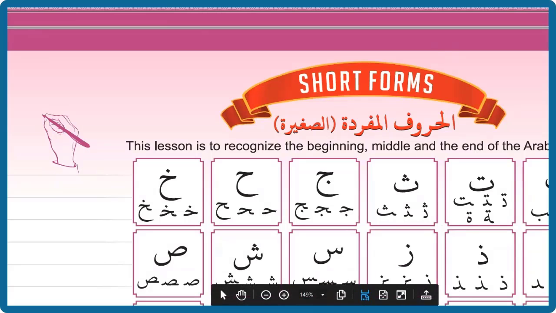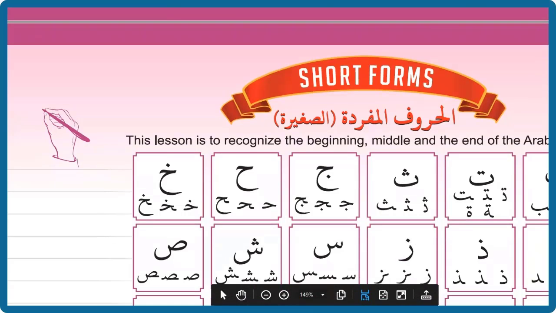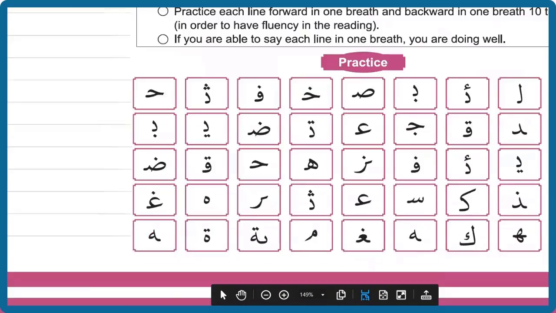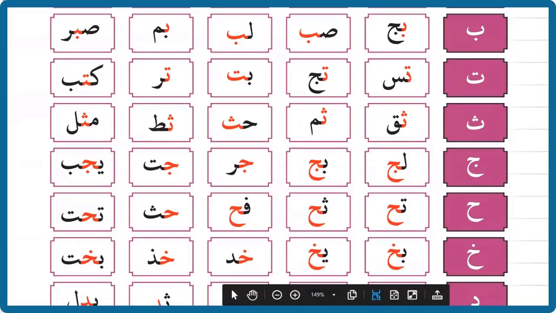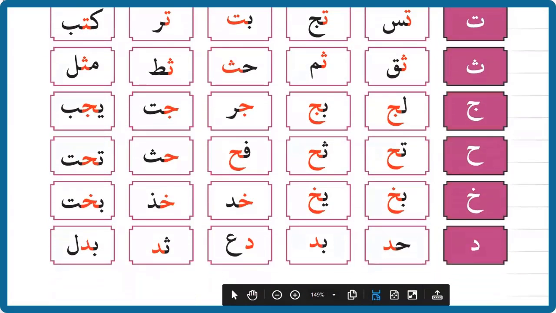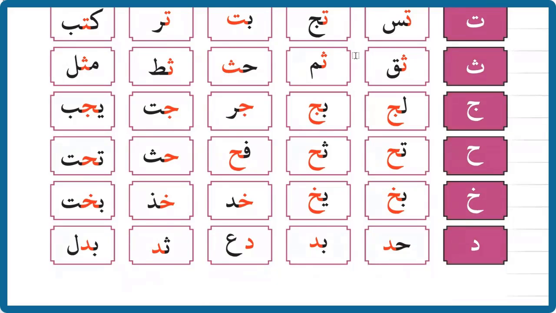So let's try to read it. Here, this is the boat with two dots on top, right? So who wants to try or read the next line?